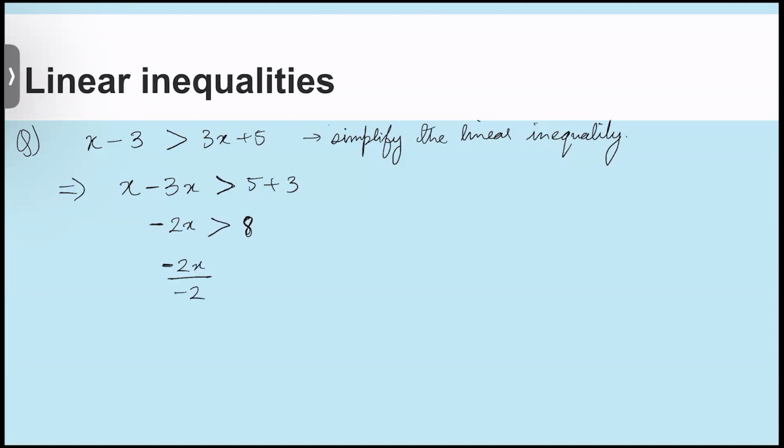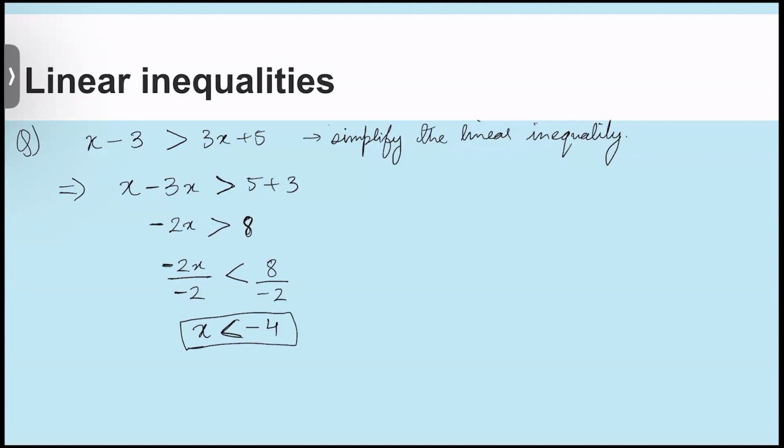Since we are dividing the left hand side by minus 2, we will do the same with the right hand side. So the inequality sign changes and that becomes 8 by minus 2. So now this becomes x is less than minus 4. Okay, so this is the simplified linear inequality.